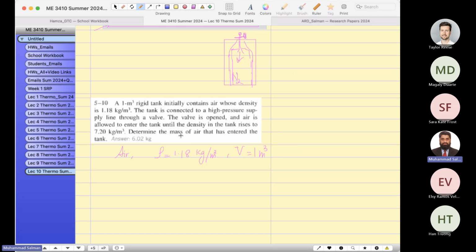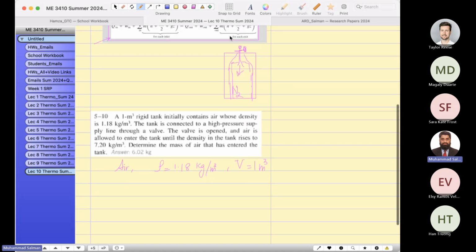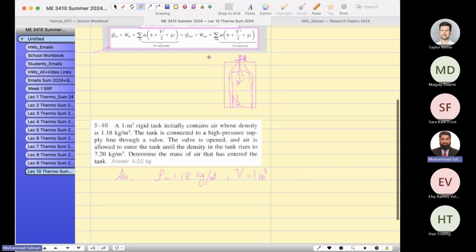The tank is connected to a high pressure supply line through a valve. So imagine this is a diagram, and this is a very high pressure supply line. This is air going inside. This is mostly air, like nitrogen, coming inside the cylinder.